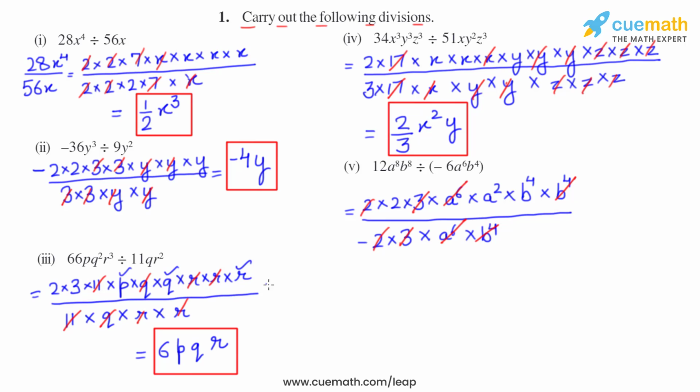So the answer will be minus 2 a square b raised to the power 4 is the final answer for the last part.